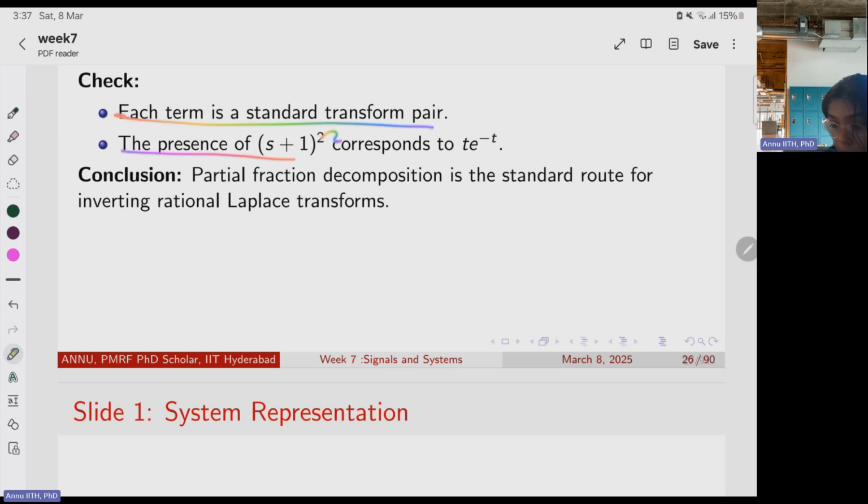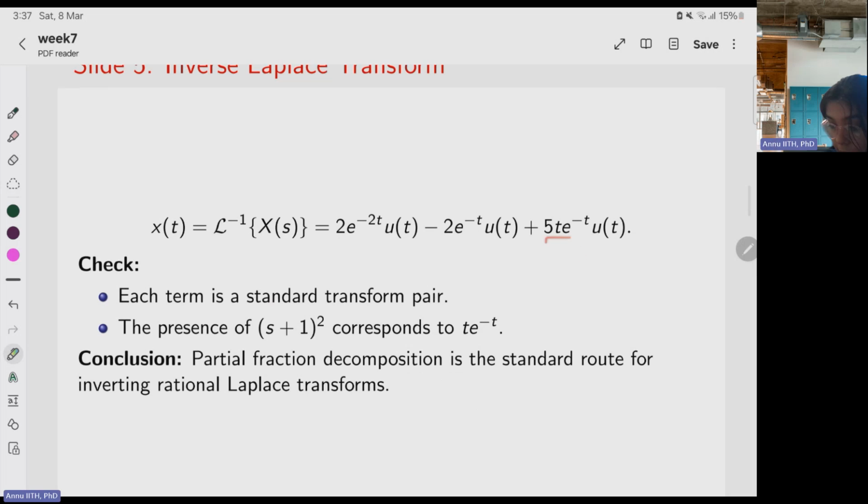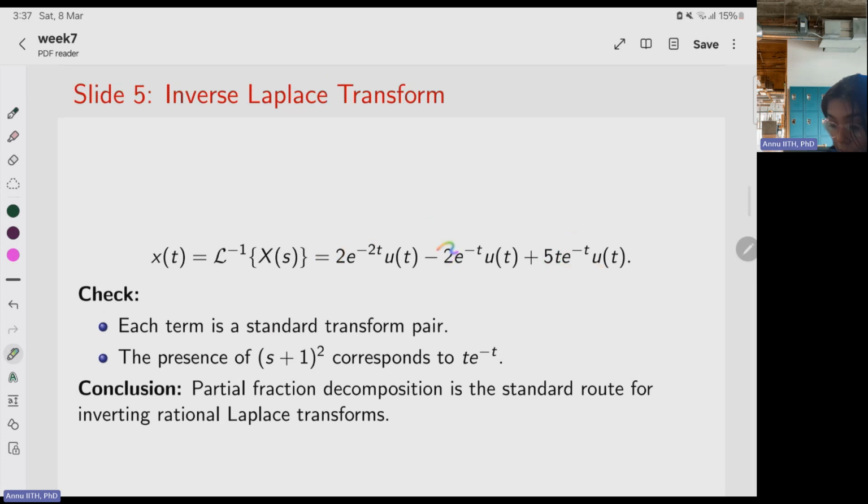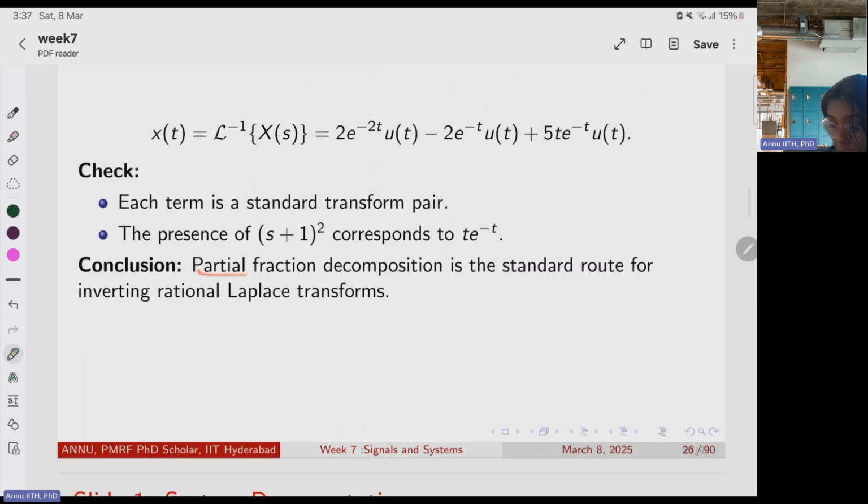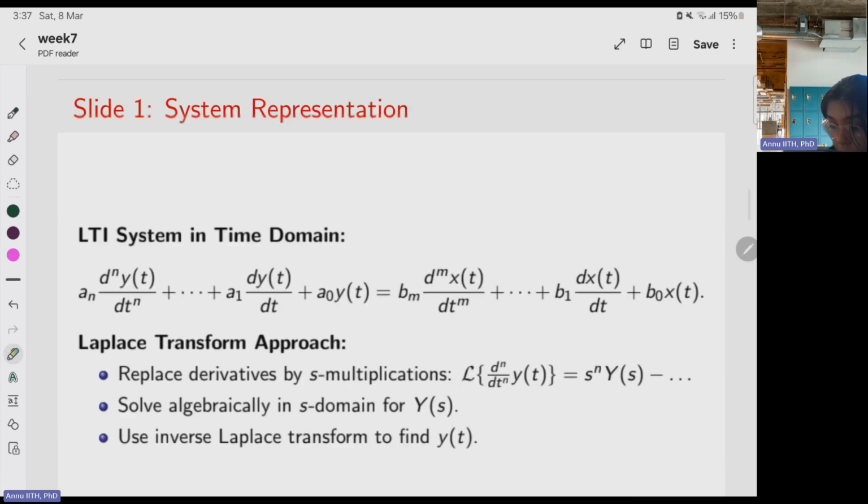The presence of (s + 1) squared corresponds to t e^(-t). So this is C, this is B, this is A. And why negative? Because B was having the value of minus 2, C has the value of 5, and A has the value of 2. So partial fraction decomposition is the standard route for inverting rational Laplace transforms.